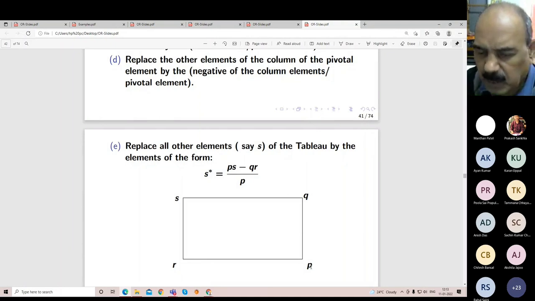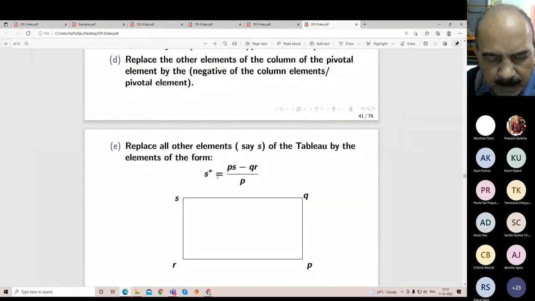P is our pivotal element. Let us form a rectangle. In the 4 corners, there are 4 elements. P is our pivotal element. With respect to P, in the opposite corner, there is an element called S. The other 2 elements you can name as Q and R. If you are calculating the value of S, in the next table it will be S dash or S star.